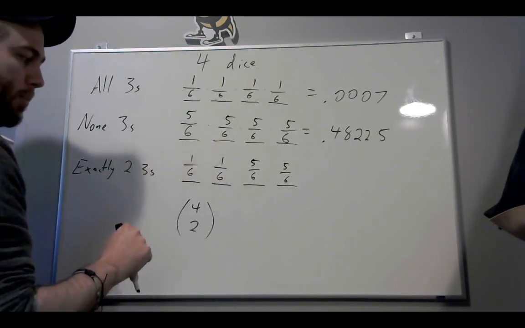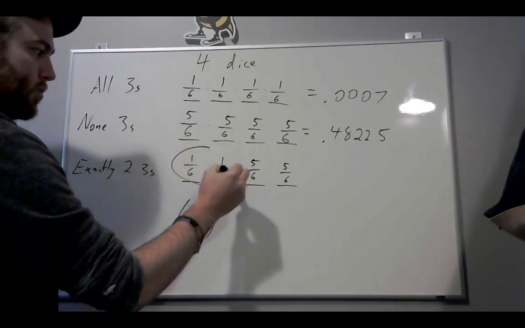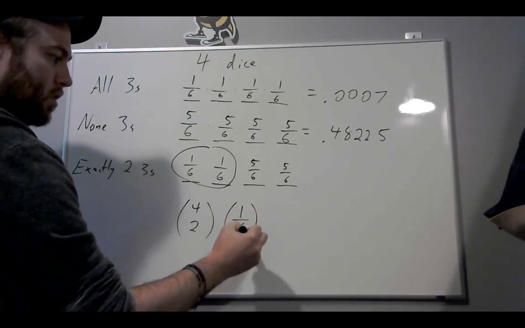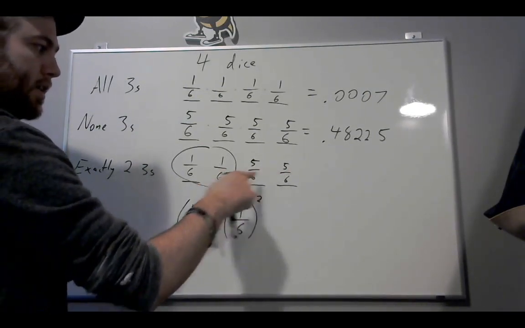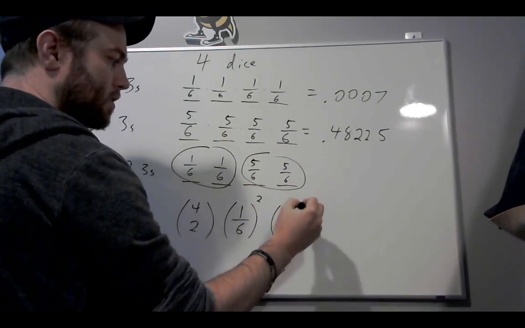We can go and multiply all these, but one nice thing is that this 1/6 times this 1/6 is really just 1/6 squared, and this 5/6 is also just 5/6 squared.